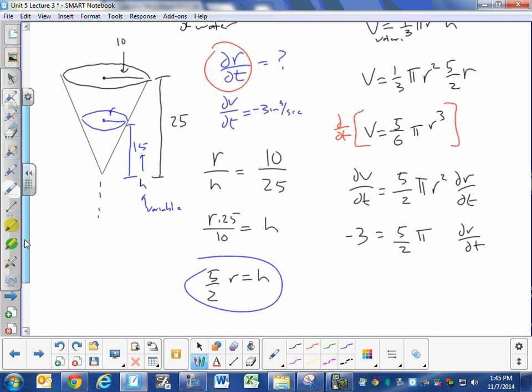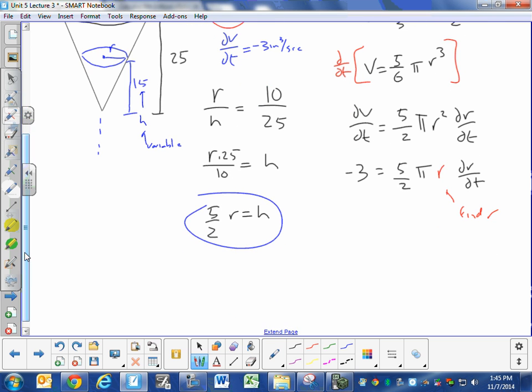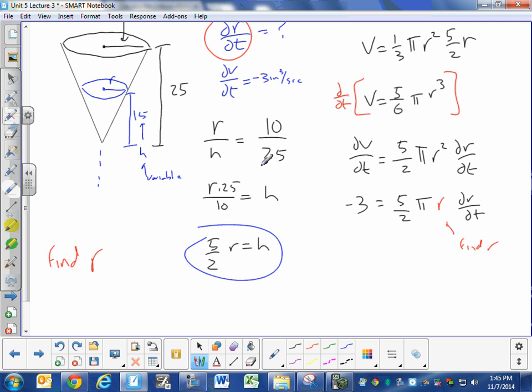I'm trying to find r, this radius, how it's changing at the specific moment when the height is 15. So to find r, I'm going to use this proportion.